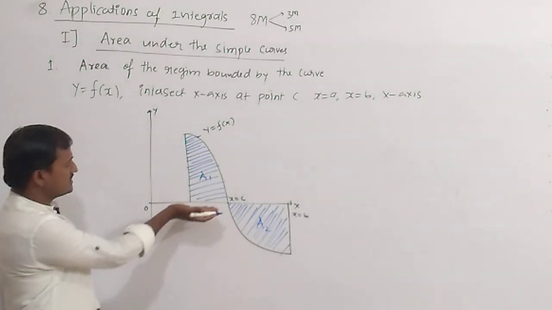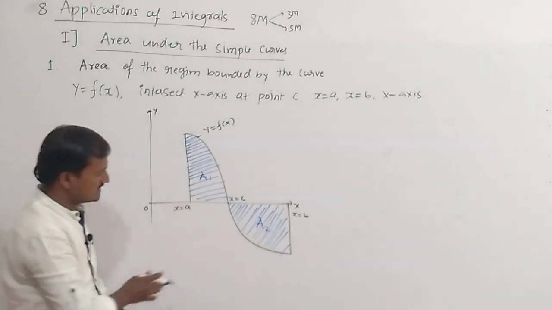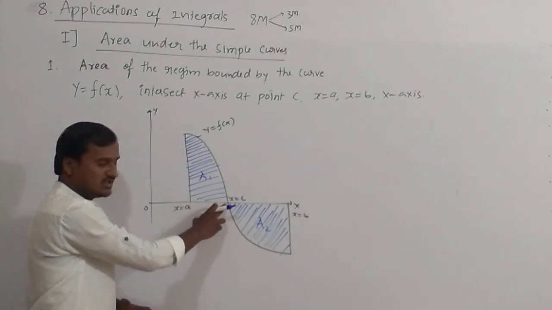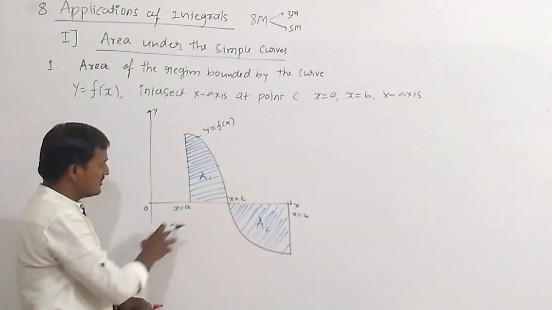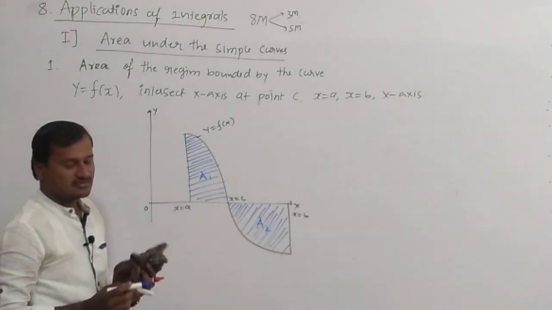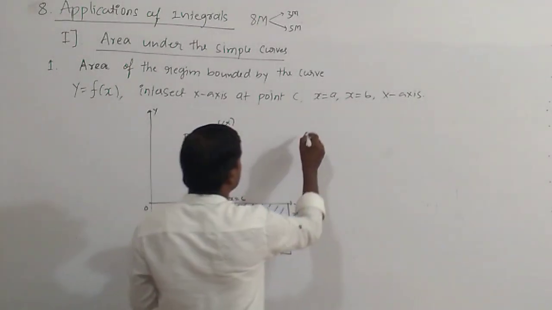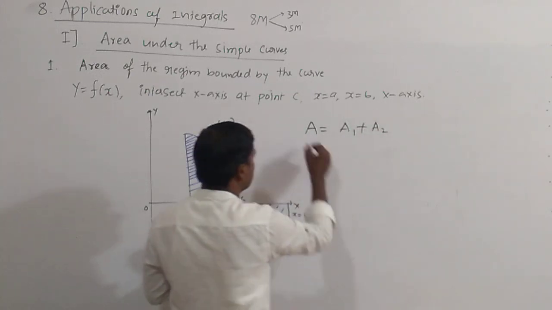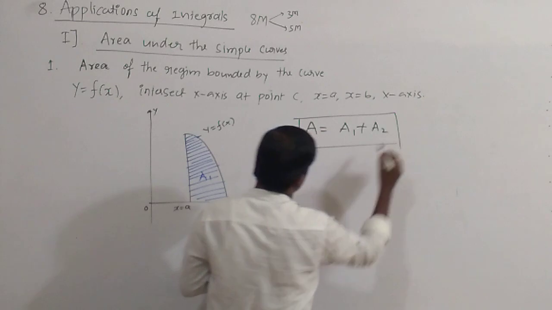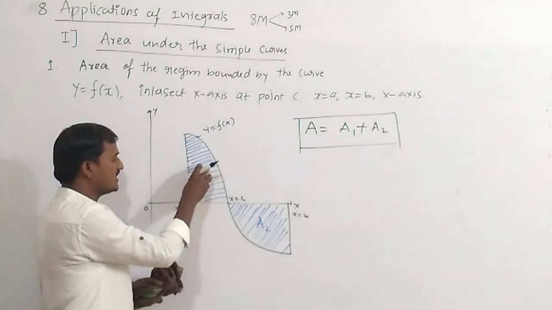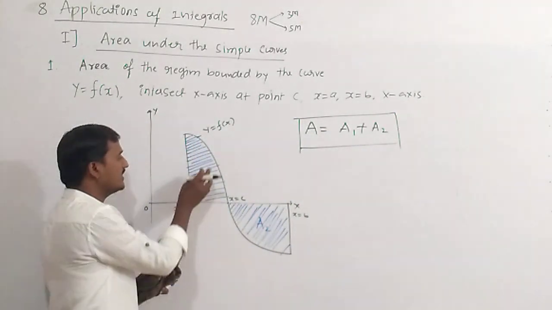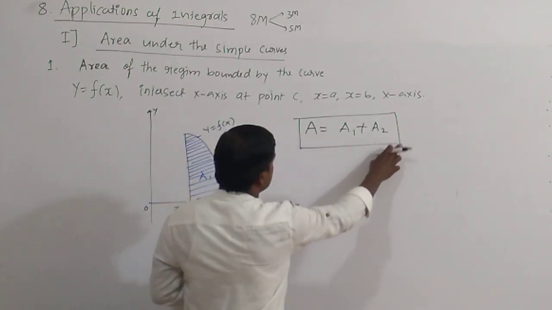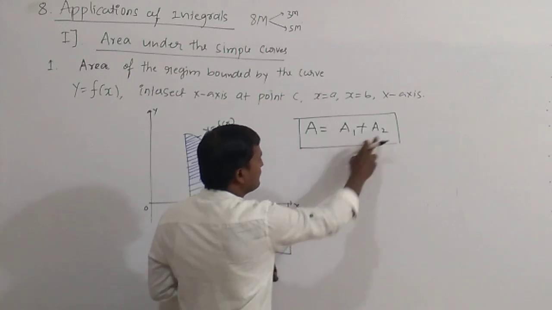Clearly this area lies above the x axis and this area lies below the x axis, and this curve intersects the x axis at point c from the line x equal to a to x equal to b. Suppose you want to find the required area, that is equal to what? a1 plus a2. Because the total area, this is a1 and this is a2, I will write it like this: required area A is equal to a1 plus a2.